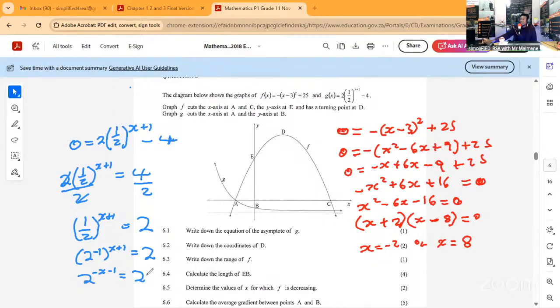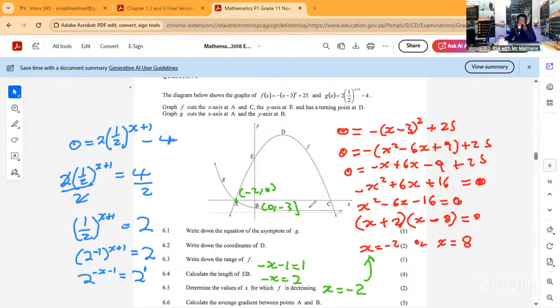Now the bases are the same, so you can say minus x minus 1 is equal to 1. If you take the 1 to the other side, you have minus x equals 1 plus 1, which is 2. If you divide by negative on both sides, you find that x is equal to minus 2, which is the same as the minus 2 you found to state that A is (minus 2, 0), and then B is (0, minus 3).